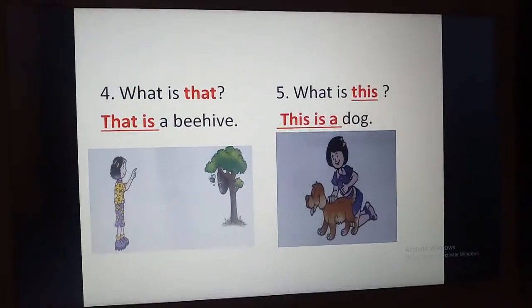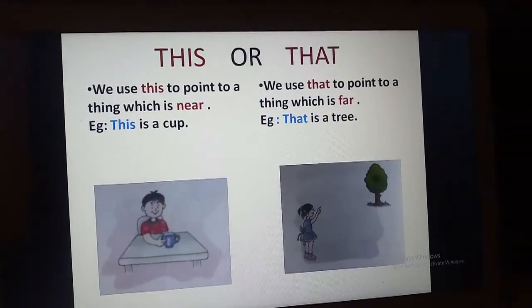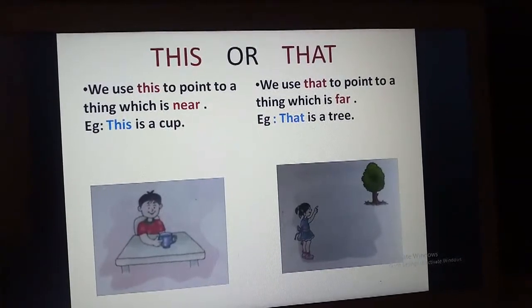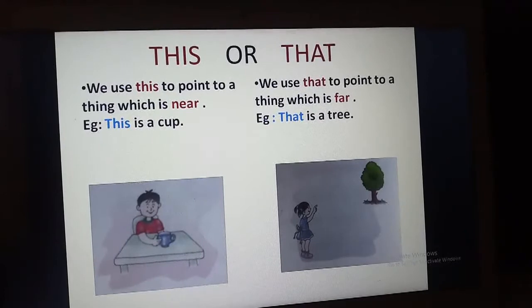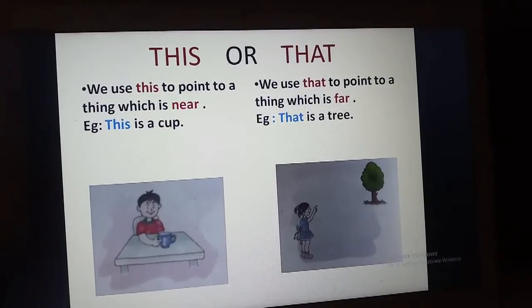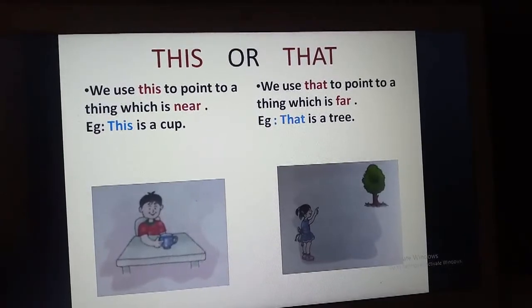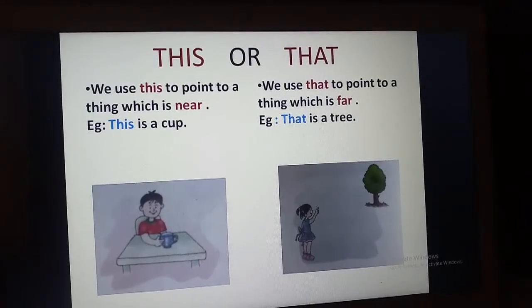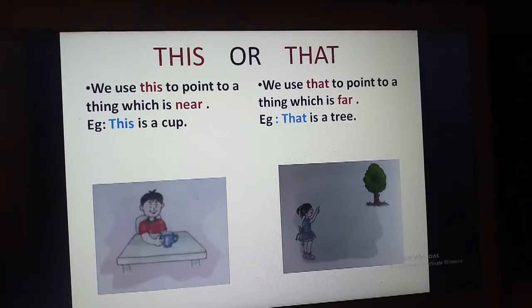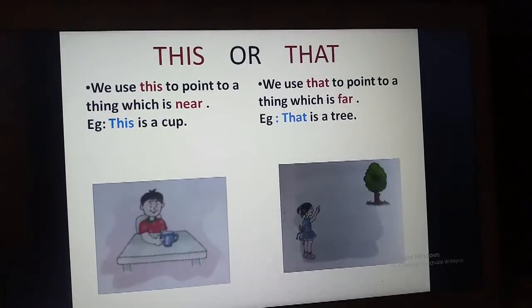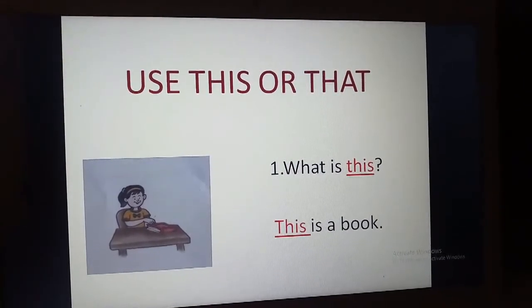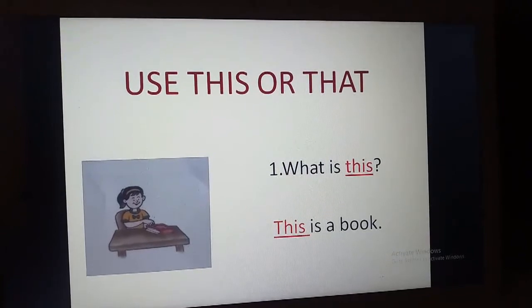Shall we revise? Okay. We use this to point to a thing which is near. For example, this is a cup. And we use that to point to a thing which is far. For example, that is a tree. Look at this. The book is near. So what have we written?